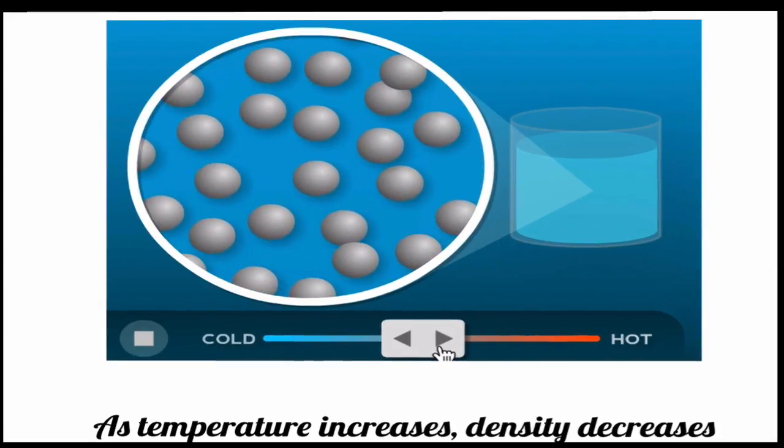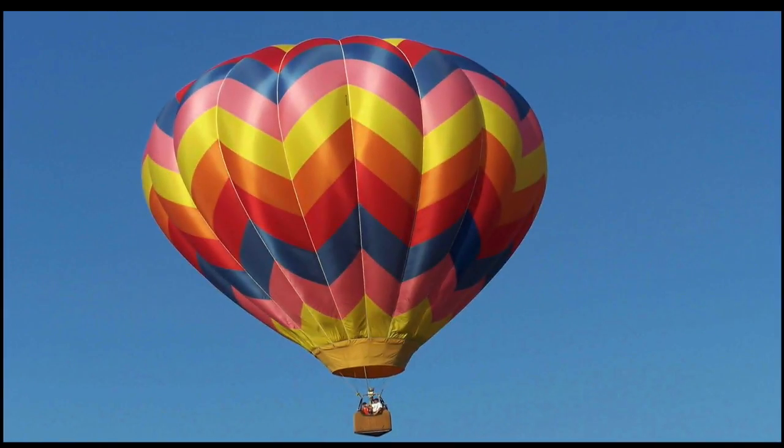The best example that I can give you is a hot air balloon. The way that a hot air balloon works is that it's filled with air, and you can't really see it well, but here there's a little flame. As that flame heats up the air in the balloon, that air starts to expand. And expanding means it becomes less dense, and it starts to push on the outer parts of the balloon because it's trying to escape.